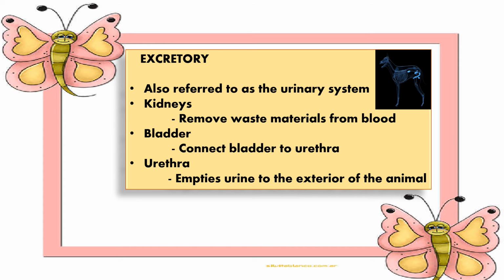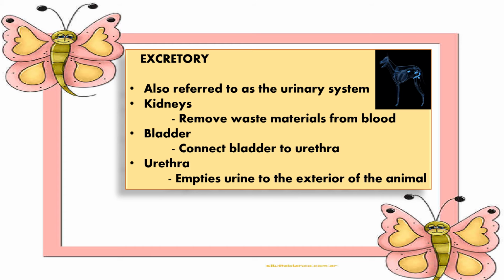Okay, so now let's move on to our excretory. When we say excretory, this is also referred to as the urinary system. You have the kidneys, the bladder, and the urethra. Kidneys remove waste materials from blood.